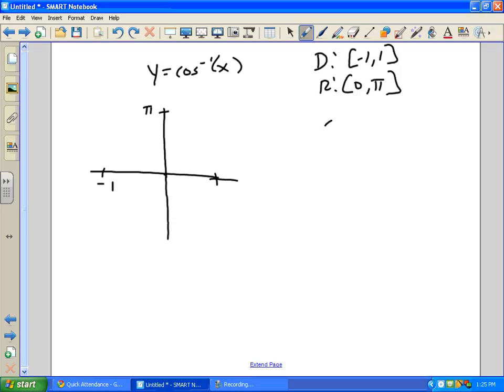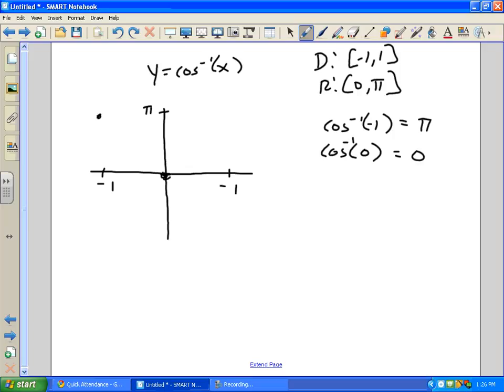So let's do a couple. Let's start out. What is the inverse cosine of -1? What angle has a cosine value of -1? Pi. So this is -1, pi, correct? Let's talk about 0. What angle has a cosine value of 0? Pi over 2.